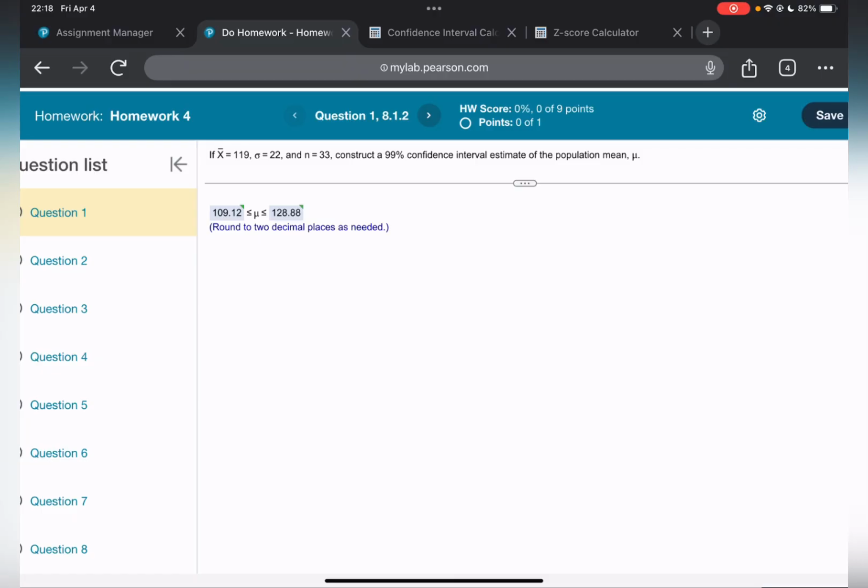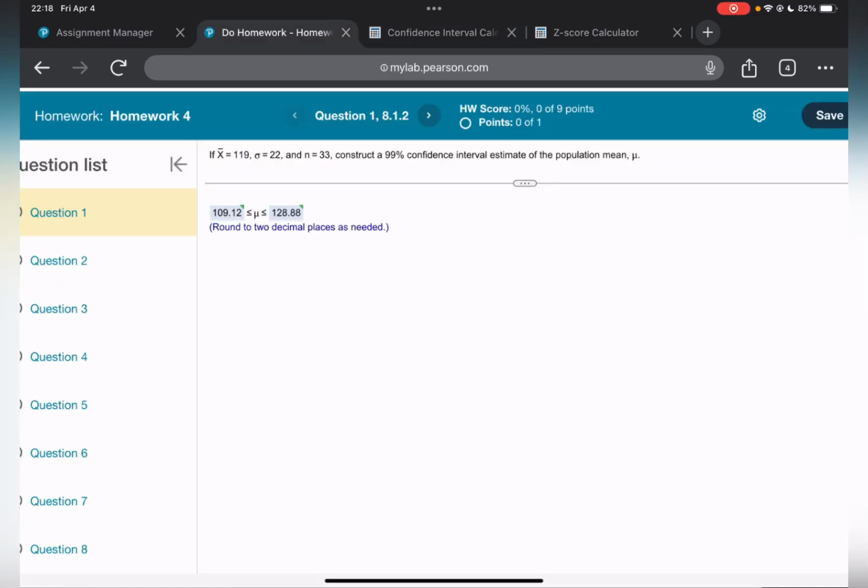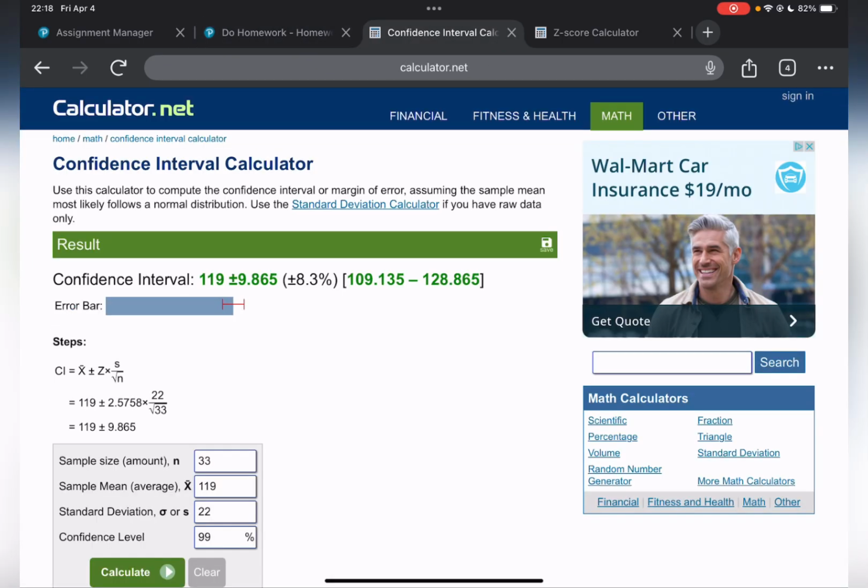109.12. So 135 if you round. Well, it's a matter here. We have a little bit of difference. And 128.88. Okay, we are getting a little bit of difference here.